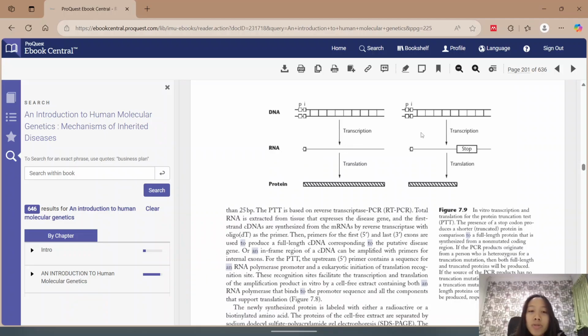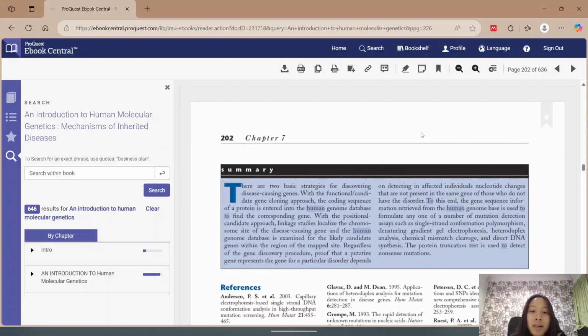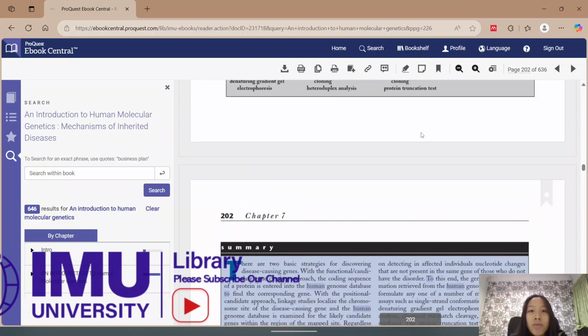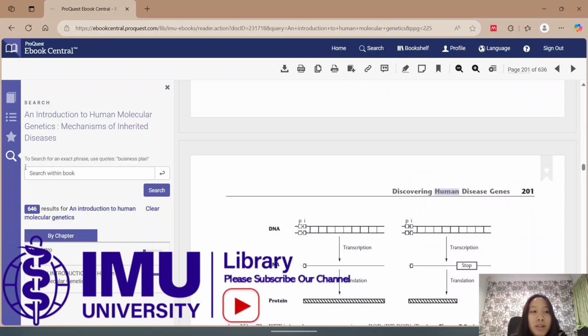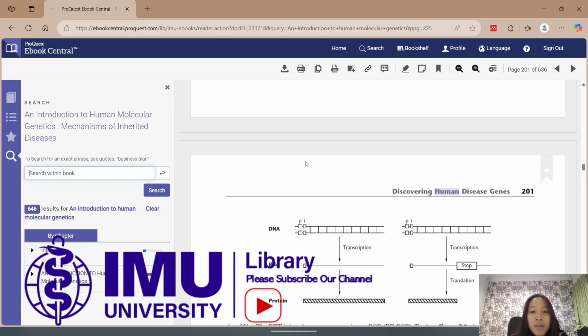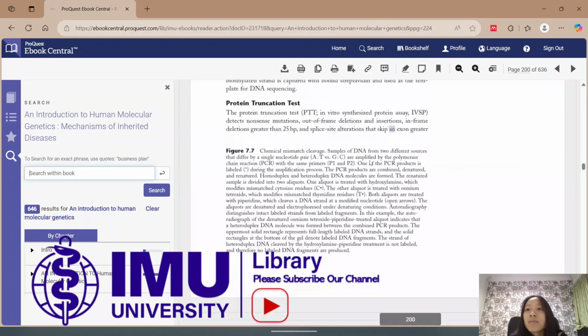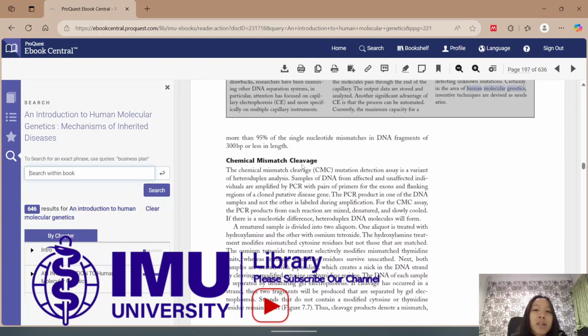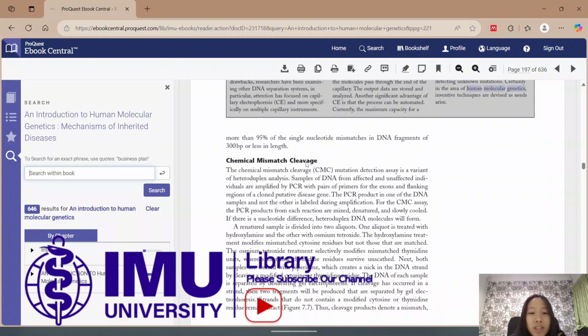And it will go through the steps that may apply in the laboratory. For example, chemical mismatch cleavage.